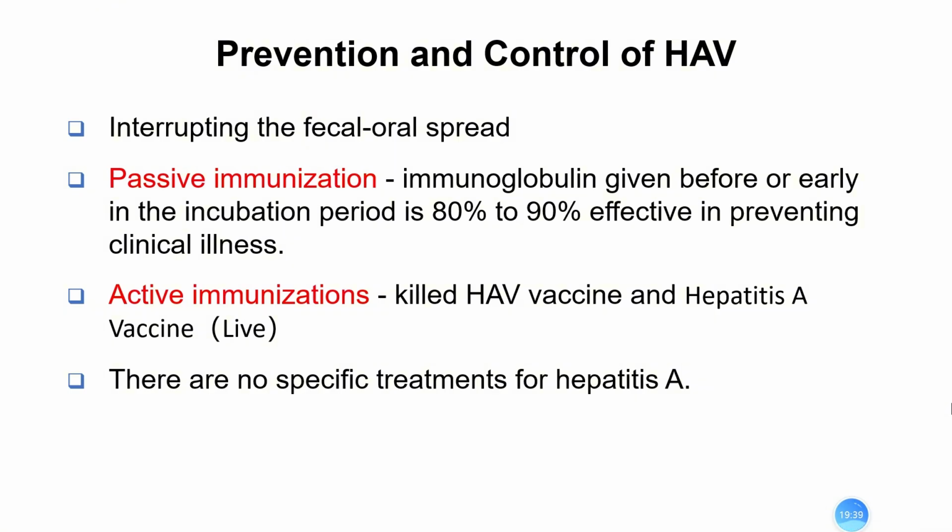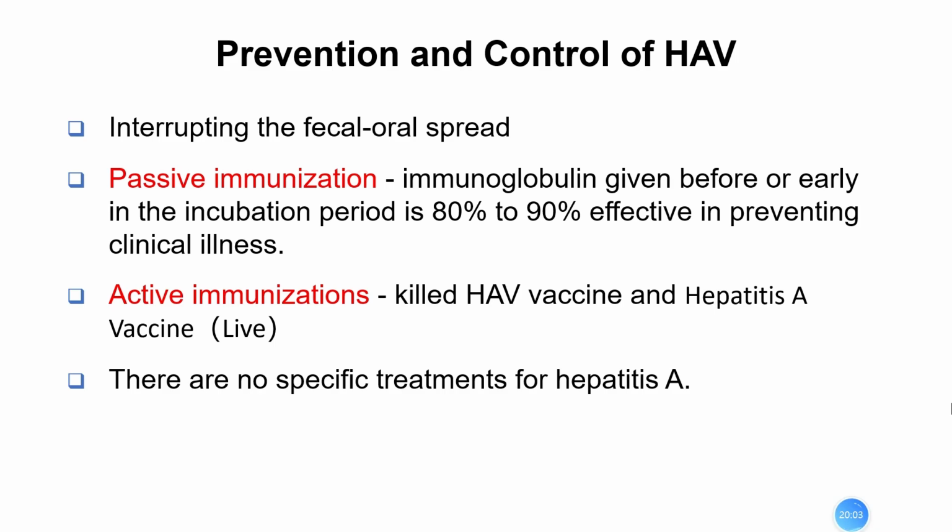And we can also use immunizations to prevent HAV infection, both passive immunization and active immunization. For passive immunization, we use immunoglobulin, so the pre-existing antibody, to bind to and neutralize the HAV virus.